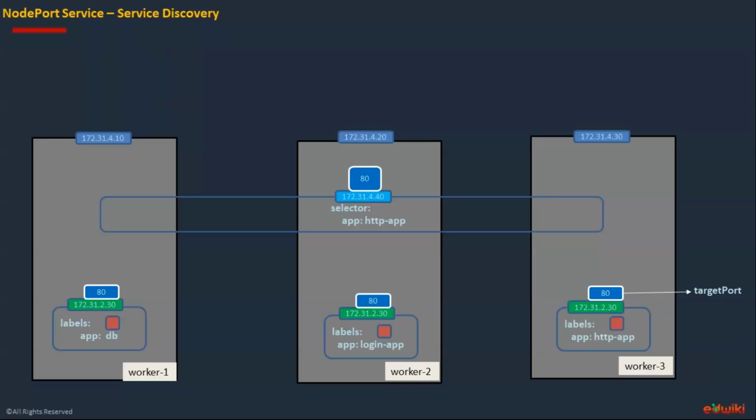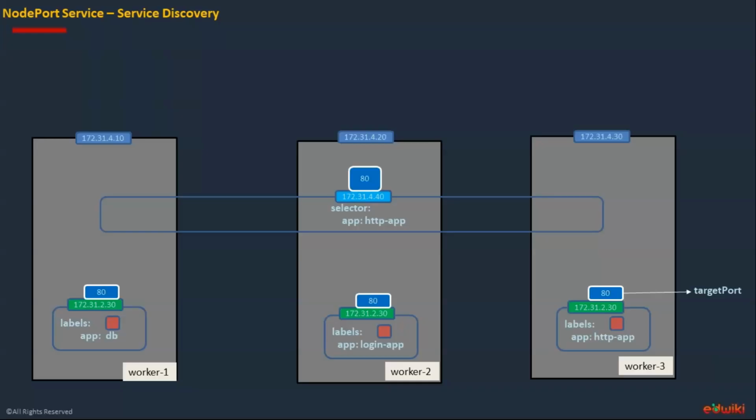Similarly here, to your service of type NodePort, you need to tell which pods out of all the pods available the traffic coming to the service should be routed to. How is it done? It is through the labeling, correct? Because labels are what will be used here for identification.